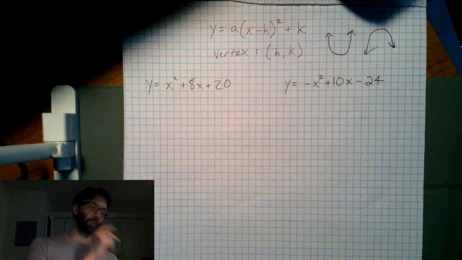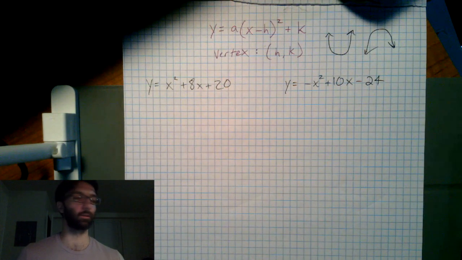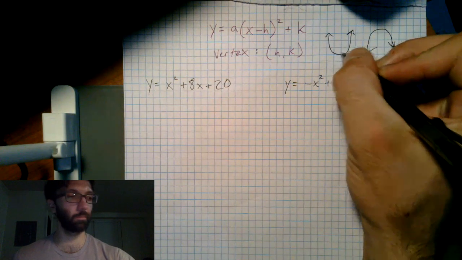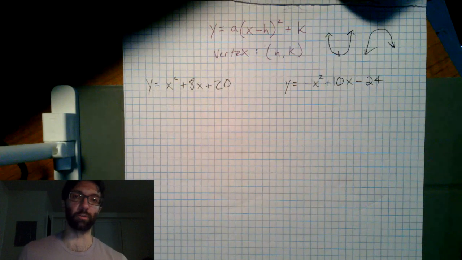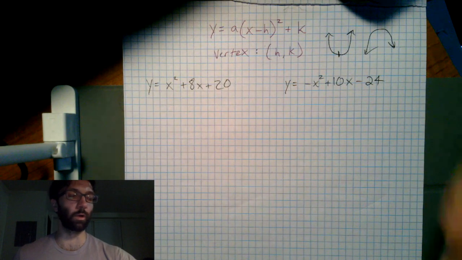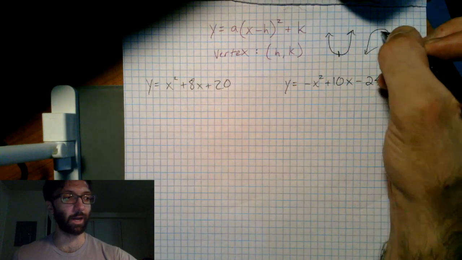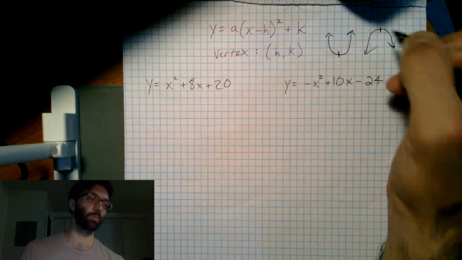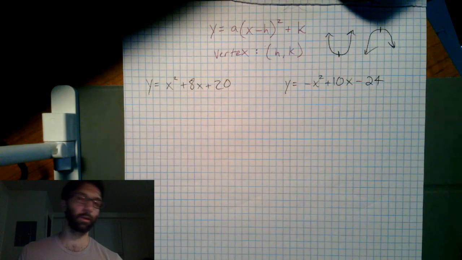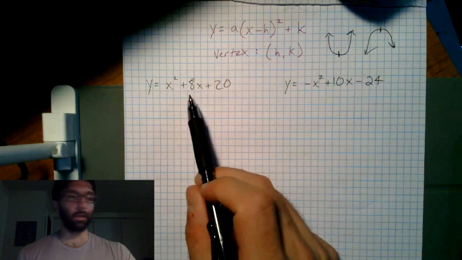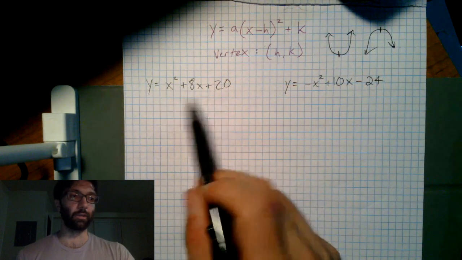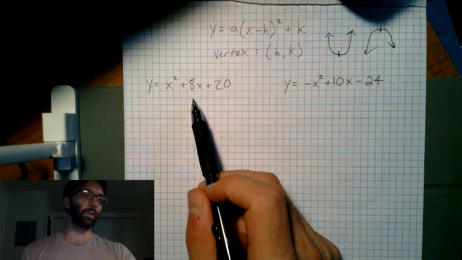And the vertex of a parabola is either the minimum, or the lowest point of a parabola, or it can also be the maximum, or the highest point of a parabola. So it depends on which way the parabola is opening, but the vertex is either the bottom or the top of the parabola.